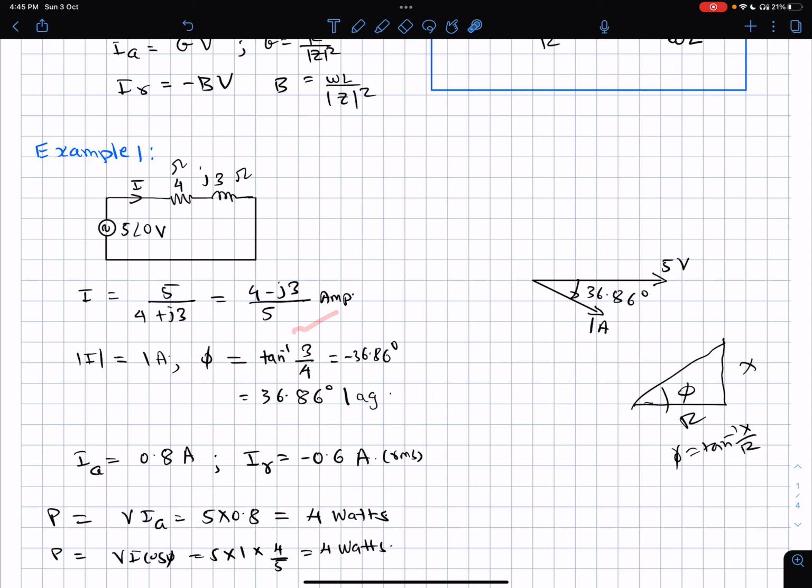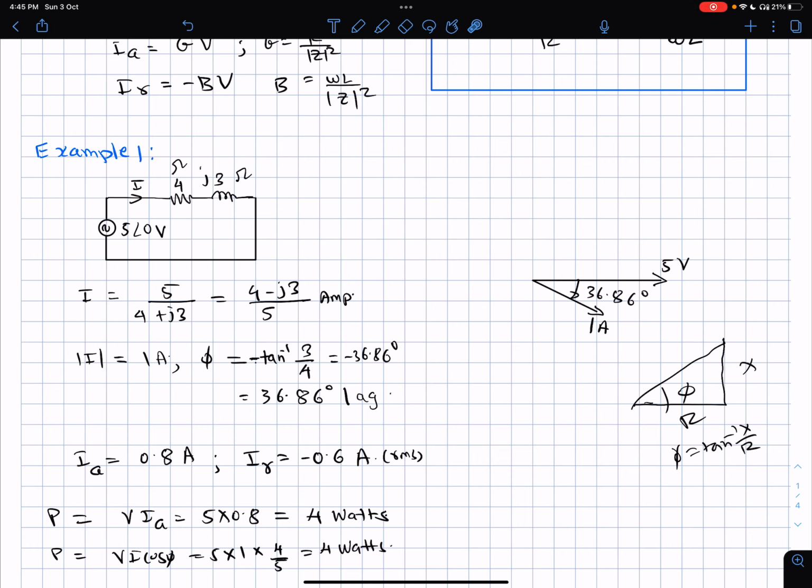Since the impedance comes in the denominator, when this phi in the division in polar coordinates goes up in the numerator, it becomes minus phi. So you get minus 36.86 as the lag which is created. Either I write it as minus 36.86 degrees, or I write it as 36.86 lag.